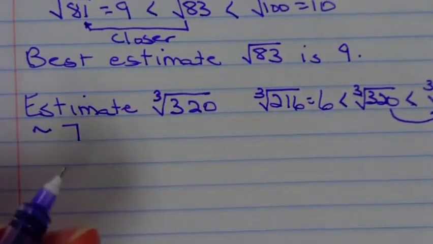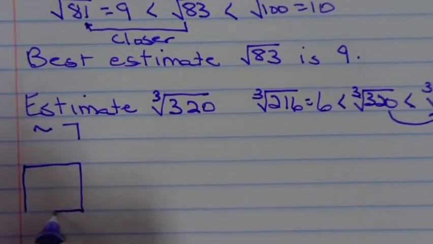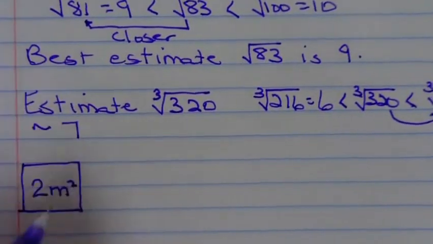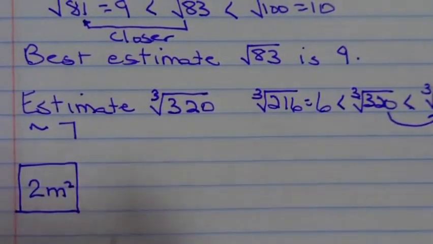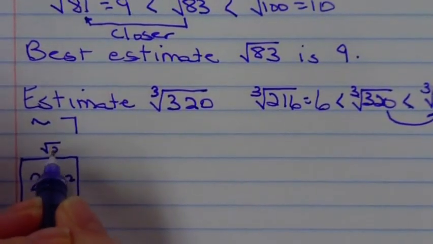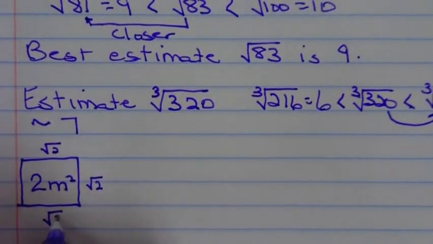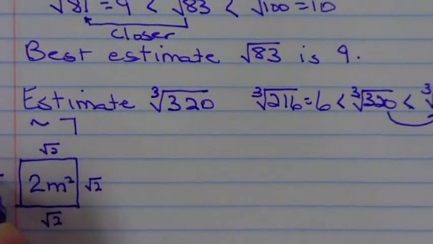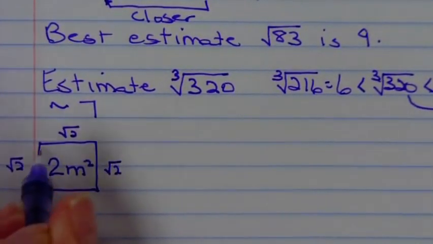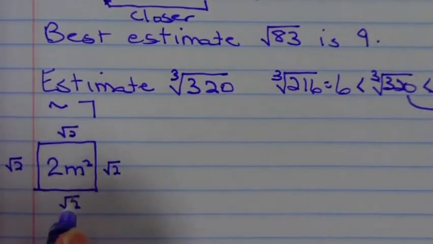Okay, now we're going to get word problems. We're going to build a fence around a square that is 2 meters squared. What that means is that each side is the square root of 2. Right? So we want to put a fence all the way around it, which means we're finding the perimeter.